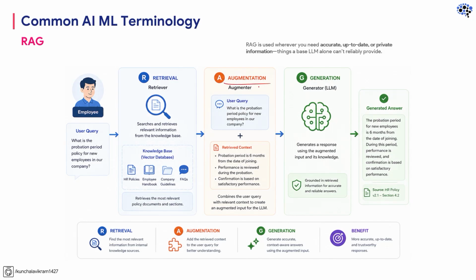So the process of augmenting is enriching the query by adding more context. Usually without RAG, the entire query is sent to the LLM, right? But here the user query will be added with the context, and this whole thing is sent to the LLM. Now the LLM has the question and it also has the information.